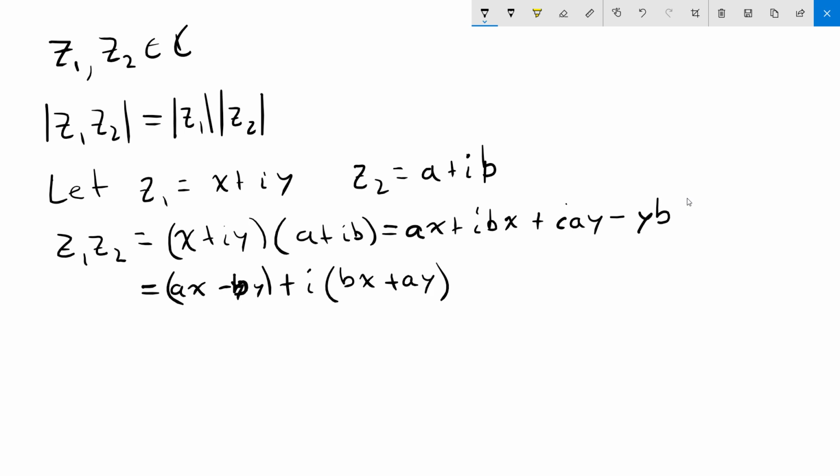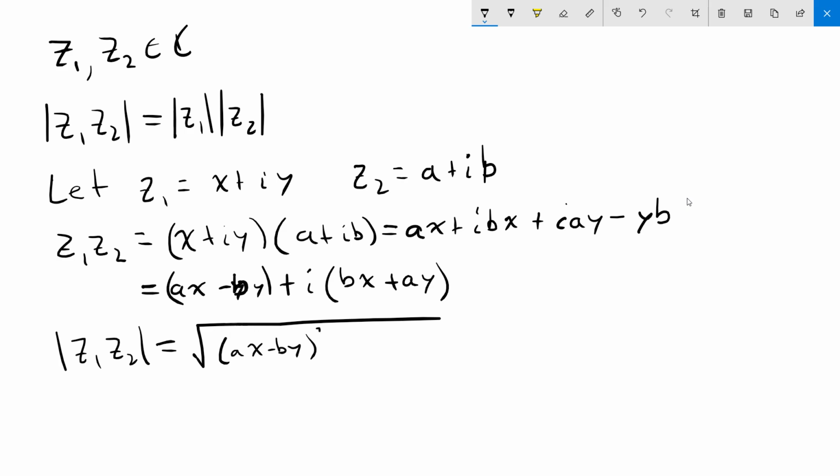Well, modulus is just the square root of the sum of the squares of the terms. So we have the square root of (ax minus by) quantity squared plus (bx plus ay) quantity squared. Right? We're going to leave it like this for right now.